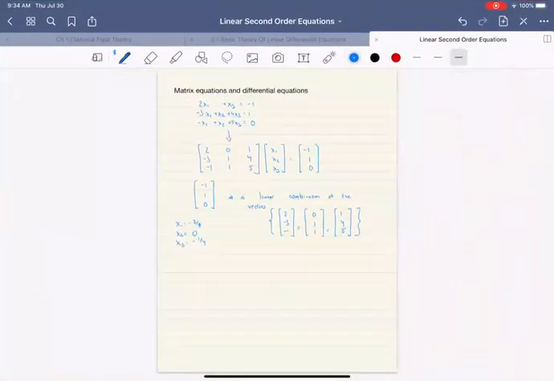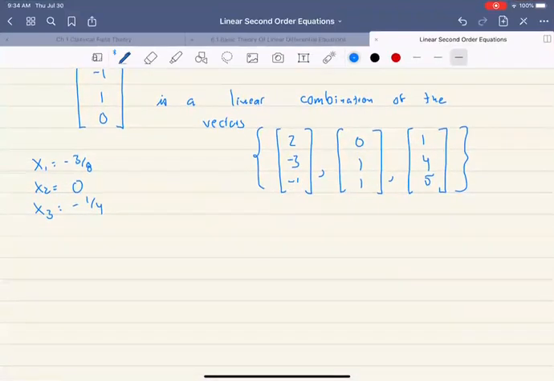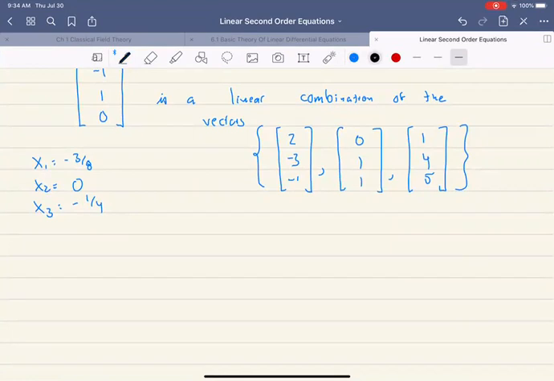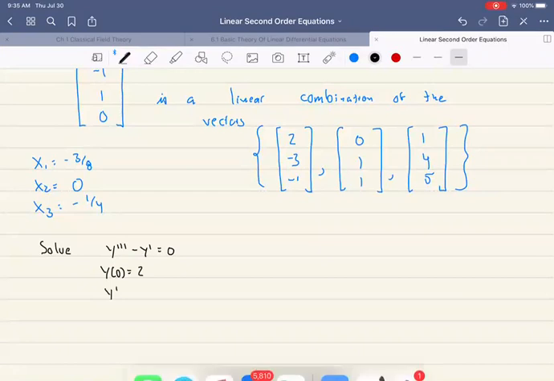Now let's take a look at the same sort of thing with a differential equation. Let's solve y triple prime minus y prime equals 0 with y of 0 equals 2, y prime of 0 equals 3, and y double prime of 0 equals negative 1.